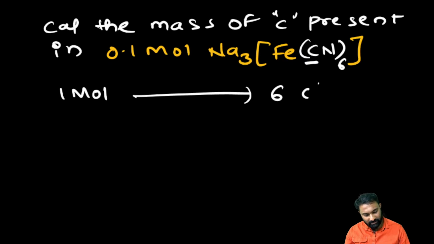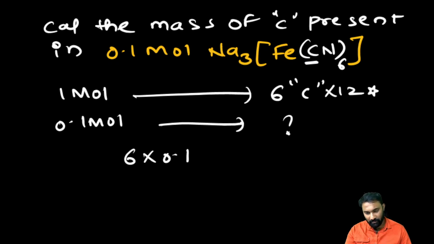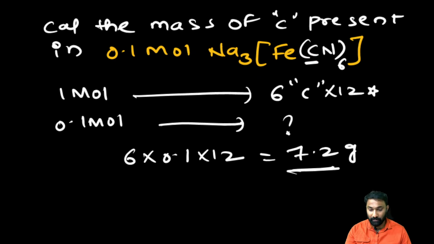In 0.1 mole, just multiply 6 into 0.1. 1 mole contains 6 into 12 gram of carbon, then 0.1 mole will contain 6 into 0.1 into 12, which gives 7.2 gram. I hope it is clear for everyone.